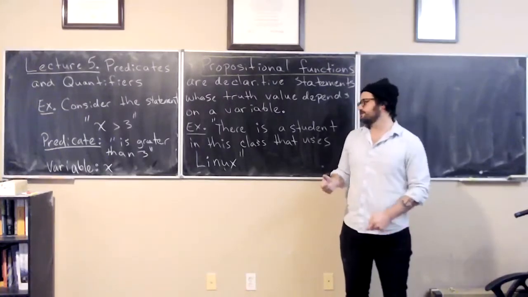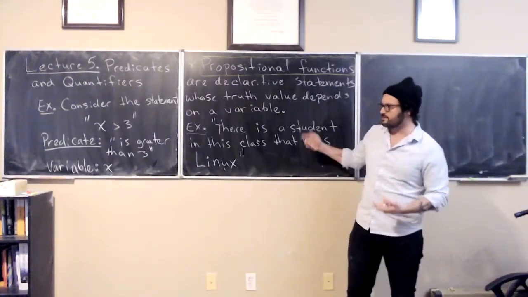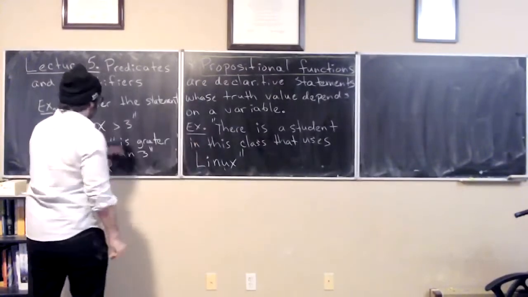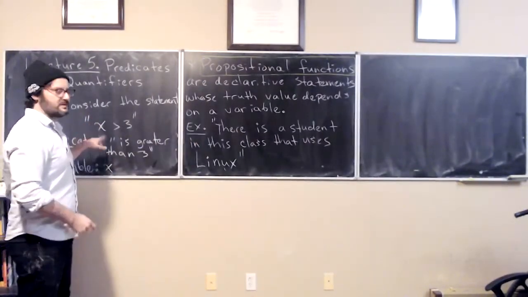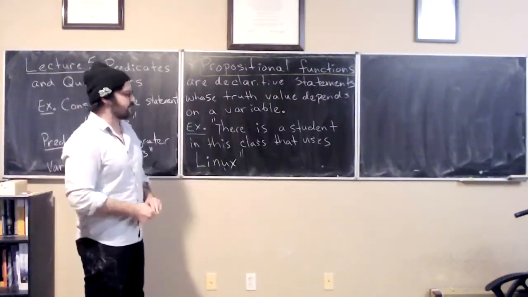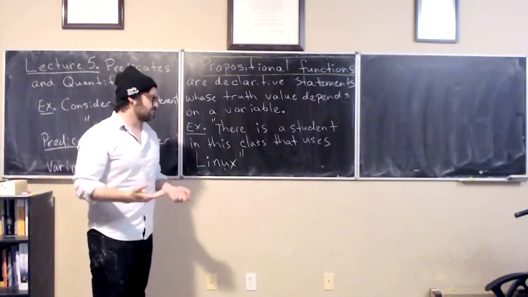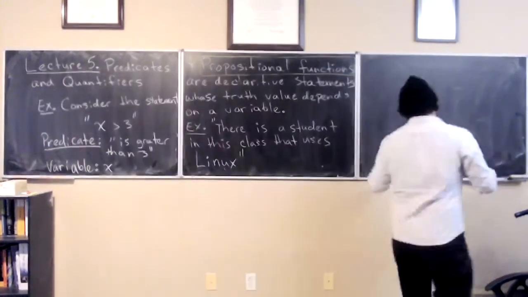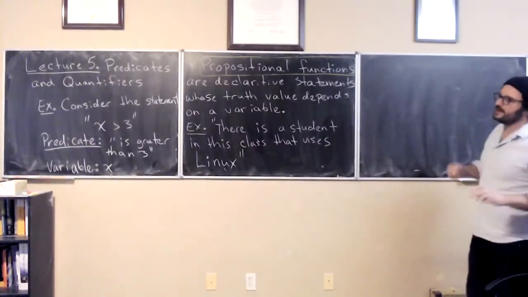And also, we should probably point out that the variable is not as clear to point out as it is in the x variable for x is greater than 3, which is obvious. In this declarative statement, the variable is not as obvious. Maybe I'm overthinking it, but I think it's not as obvious.